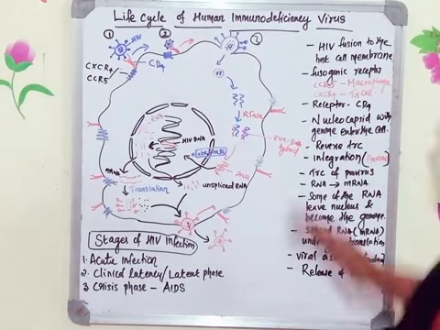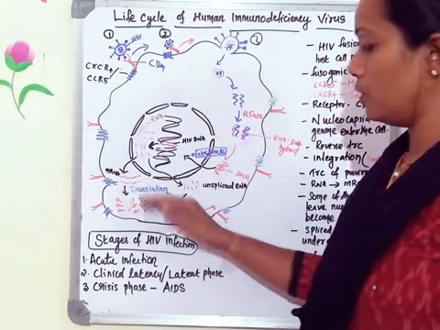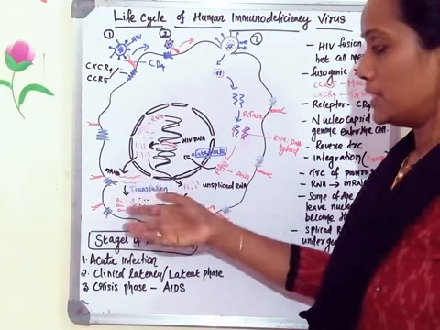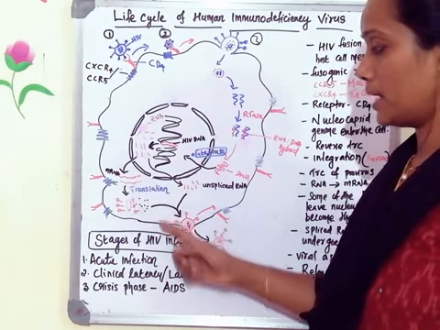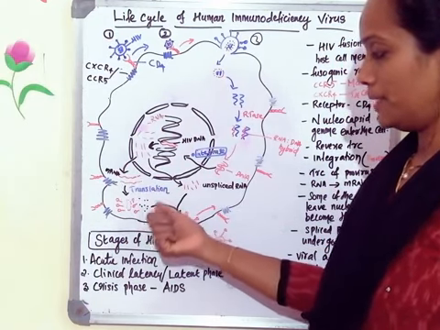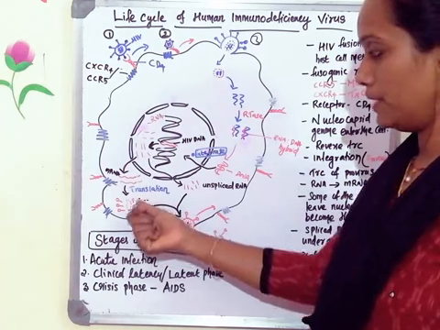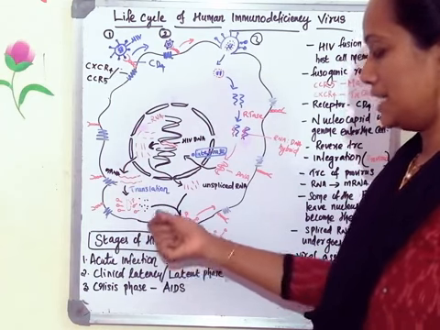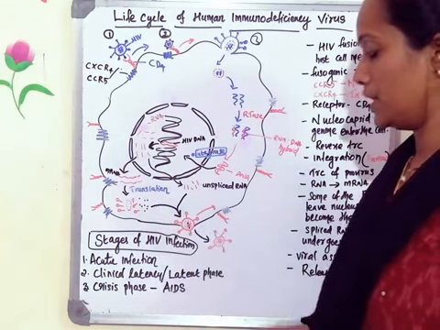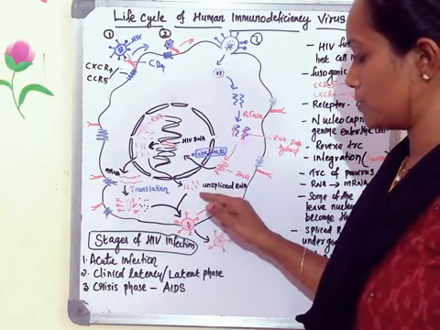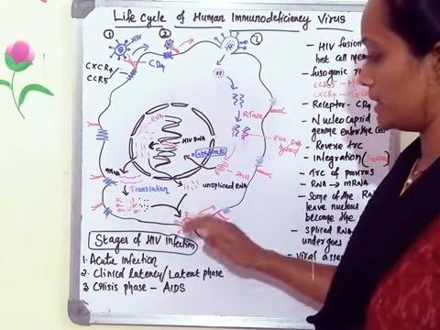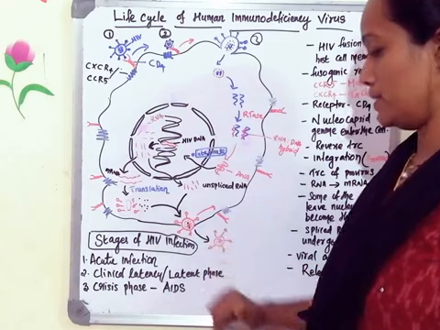P16 will bring all the proteins which are synthesized from this mRNA translation to near the plasma membrane of the infected cell, and then the genome, the unspliced RNA which exits from the nucleus, will be packed, and the new viruses will be formed.